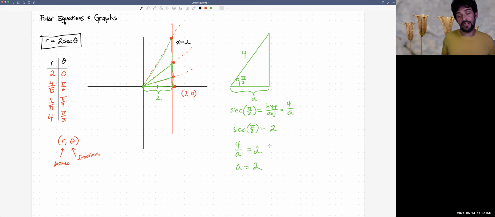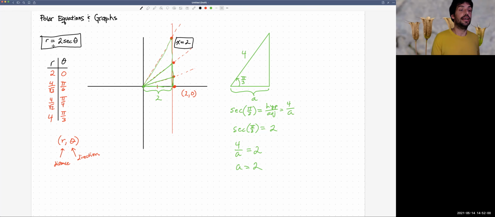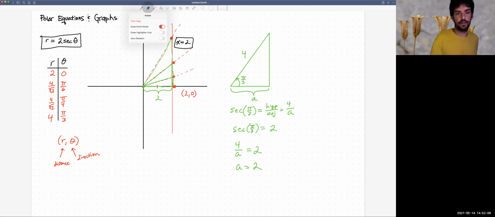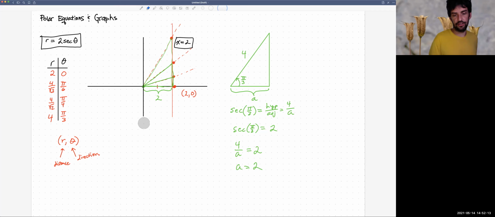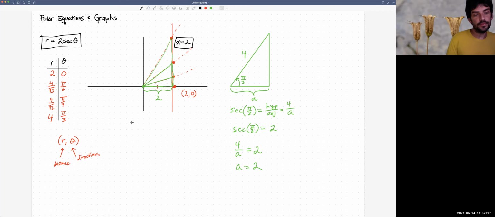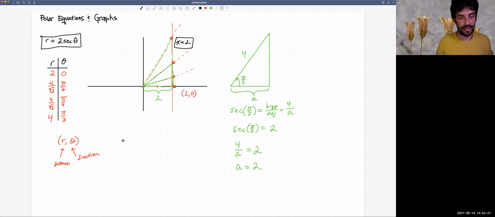We can also see that these two statements, x equals 2 and r equals 2 secant theta, are equivalent using a little bit of algebra and our knowledge about the relationship between polar and rectangular coordinates.